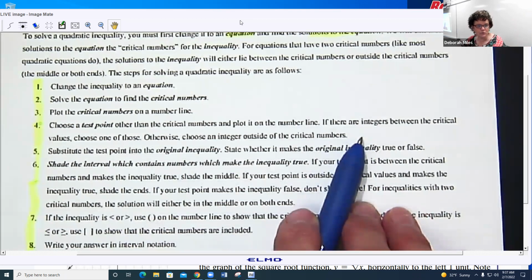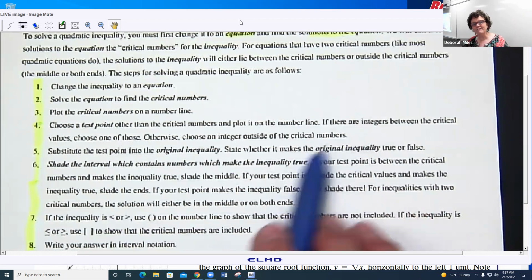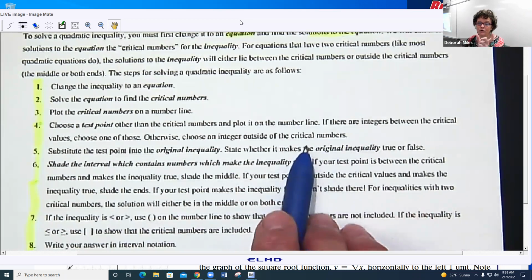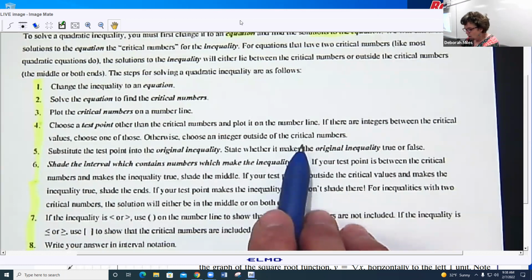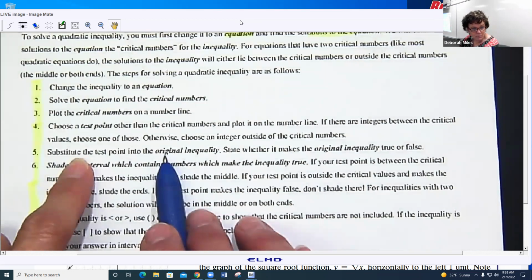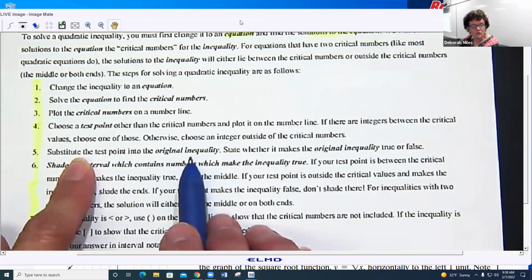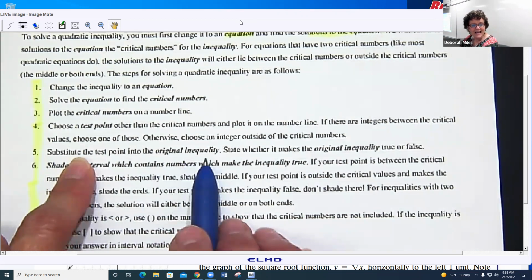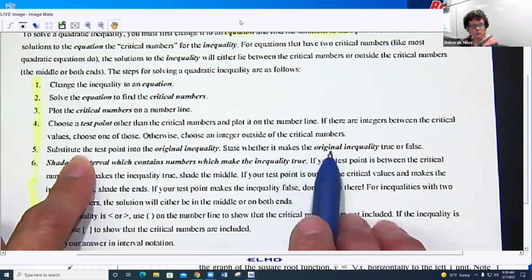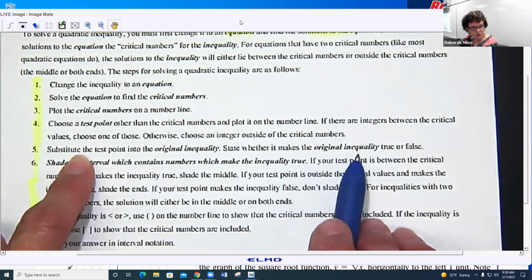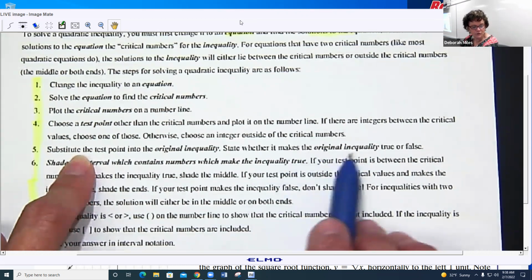If you're going to have to pick a fraction, like if your two critical values are 2 and 3, and you don't want to test 2.5, then you can choose your test point to be on the outside of the critical values. You substitute that test point into the original inequality and state whether it makes the original inequality true or false. Now that'll make sense when you see an example.